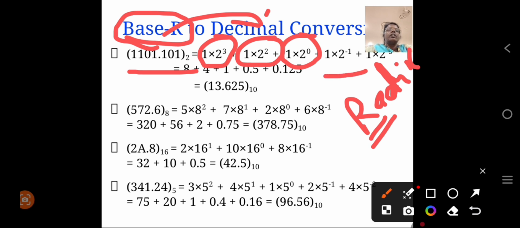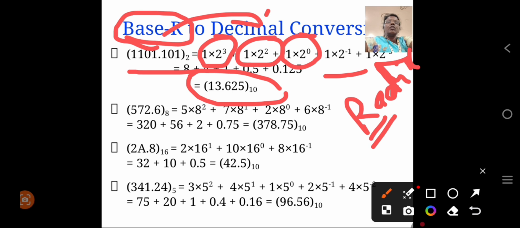Next is 0, which is removed because that value will become 0. The next one is 1, with place value -3, so 1 into 2 power -3. If you add all these individual weightages for each bit position, we get the value 13.625. This is the equivalent decimal number.